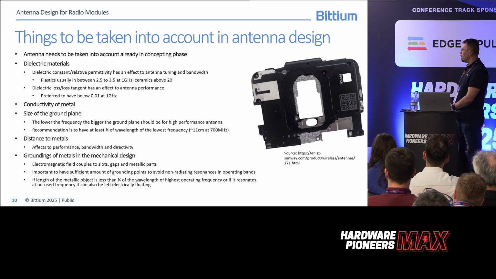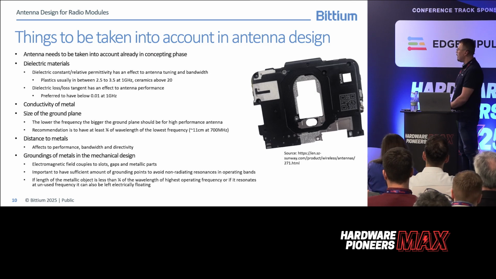Distance to surrounding metals is one thing which affects antenna performance, bandwidth and directivity. So if you have a ground plane very close to your antenna, the antenna most likely will have a narrow bandwidth, and the directivity is high.